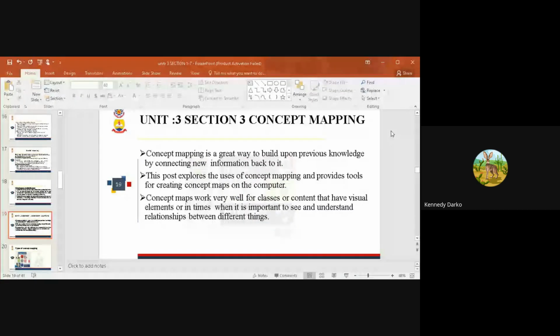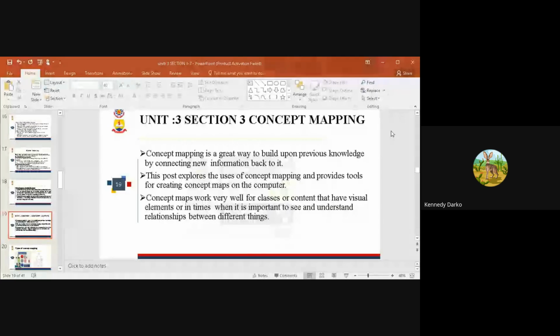Now let's look at concept mapping. When we say concept mapping, what do we mean? It's a great way to build upon previous knowledge by connecting new information back to it. So concept mapping is where you are teaching and relating a new concept to the old ones.